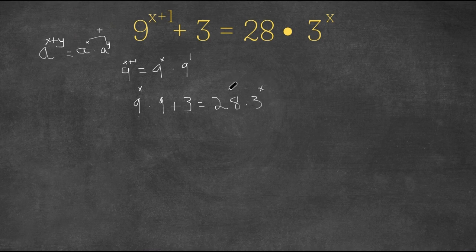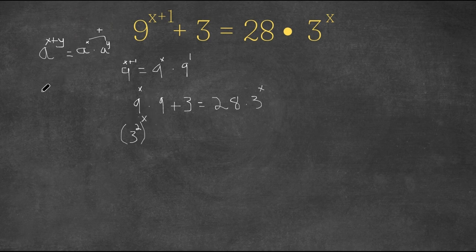Now we're going to change up our 9 to the power of x, and convert it to 3 to the power of 2, to the power of x, because remember, 9 is equal to 3 squared.